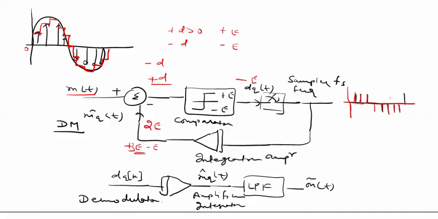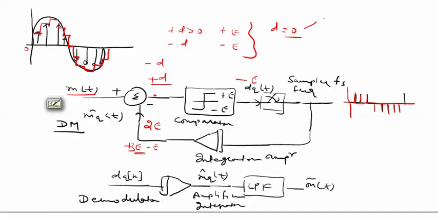In case the error detector output at this juncture is d equals 0, 0 is applied to the comparator. Now the comparator is confused. If it is positive, plus e; negative, minus e; 0, it is confused.